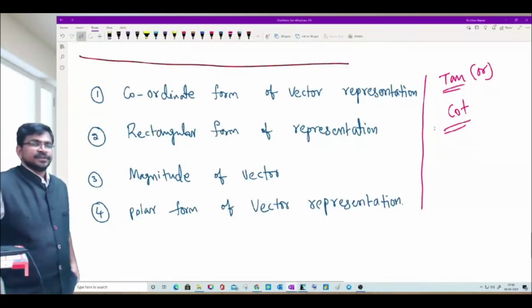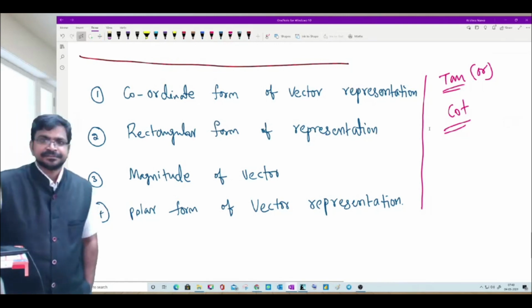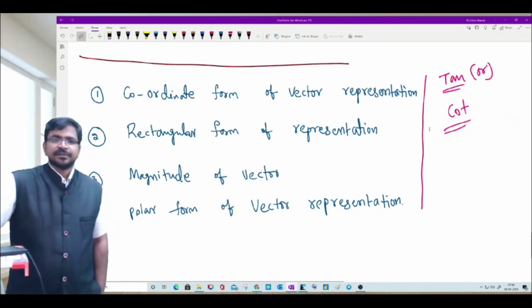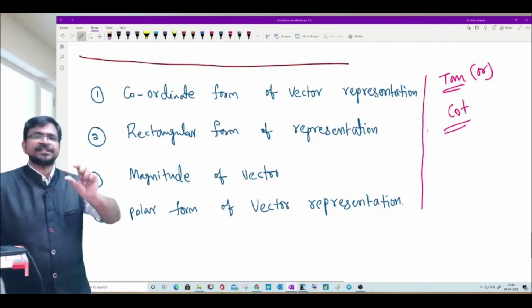Yes, Sri Chetan. For the notes, where will they come, sir? I didn't get you. Come again. The notes will come in the app only, sir. Yes, in the app only. In the app you have a study material section.